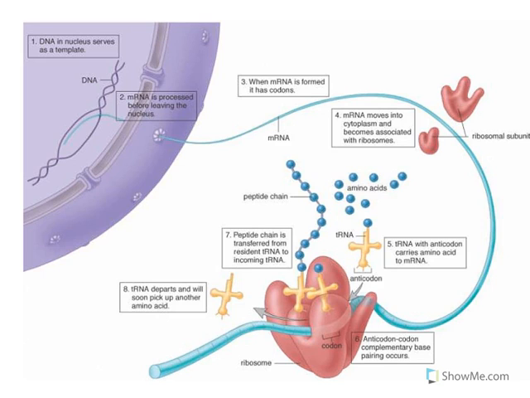This picture from your textbook serves as a good review of the whole process. So starting with DNA in the nucleus serves as the template to make the mRNA, which will be processed and modified before it leaves the nucleus.